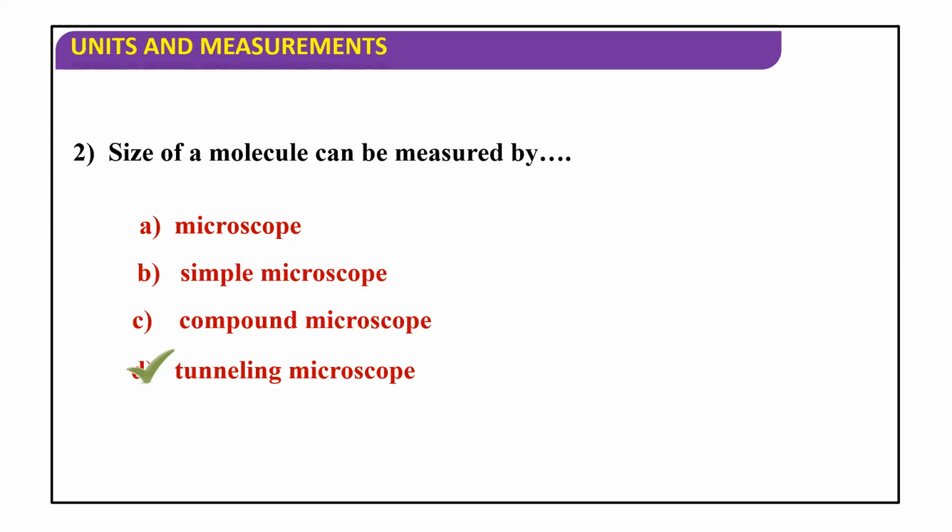Since the wavelength of light is very small, sometimes we cannot resolve things with dimensions comparable to or smaller than light. So in order to increase the resolution, we have devised the tunneling microscope and electron microscope. There is also the scanning tunneling microscope. I just told you some facts.